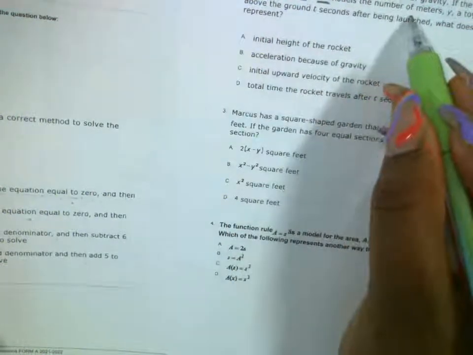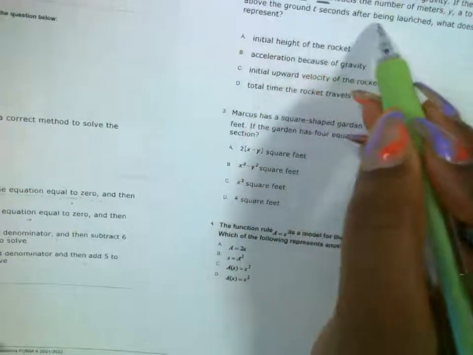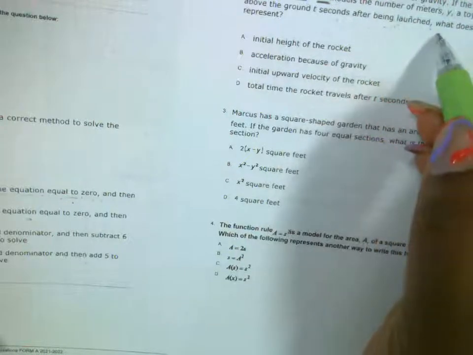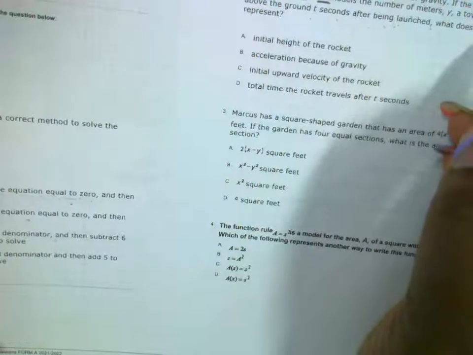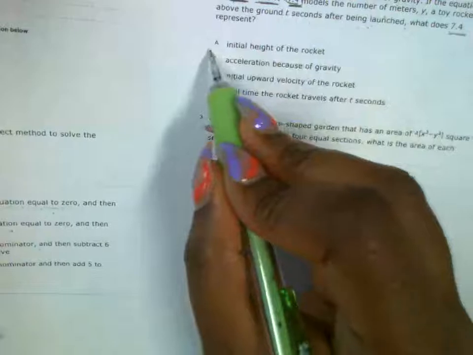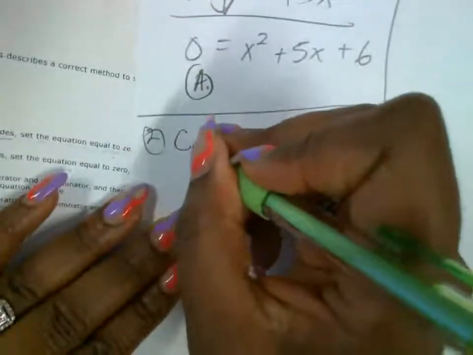It models the number of meters a toy rocket is above the ground t seconds after being launched. What does the 7.4 mean? That's the initial height of the rocket. You see how that's C? That's your initial height. So number 2 is C.